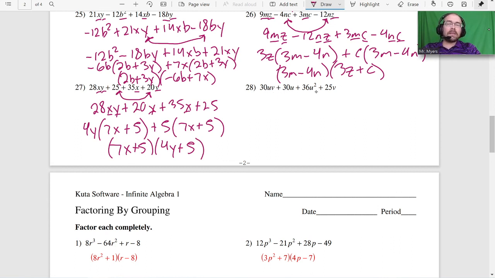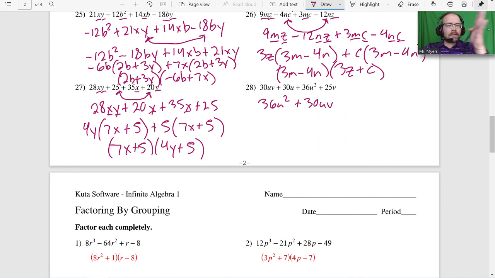Here we go again with the decreasing powers, right? So if you have a large power, put that one first. 36u squared. Then we need a power of u. Well, we can do either one of them, I think. Let's do the uv. 30uv. So you could do them in either order. But when we have a u squared, we don't have anything to pair with it, and not another u power of 2 thing.